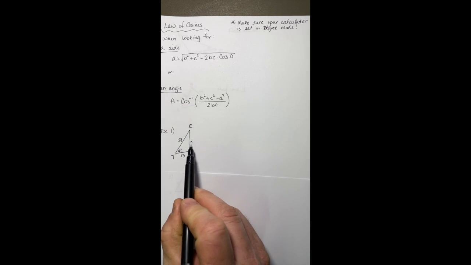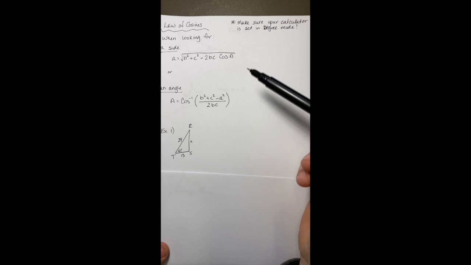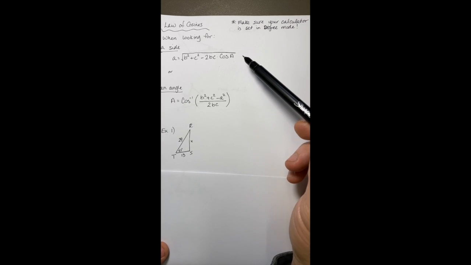All right, so let's get right into it. Make sure you are taking notes along the way, and don't be afraid to pause it and write it down. So if I give you this triangle here, and I ask you to find x, well, x is a side, so that means that we will be using this equation.